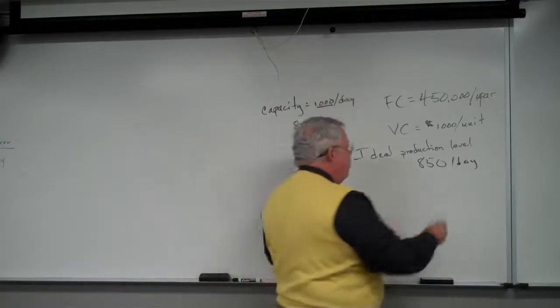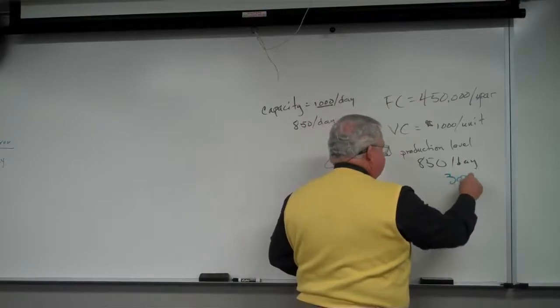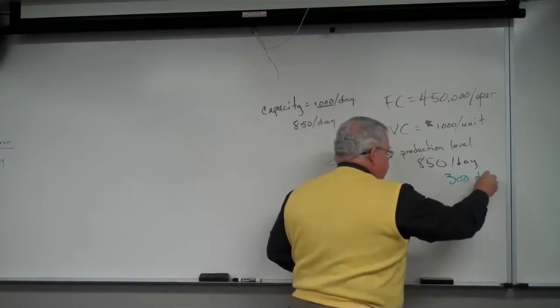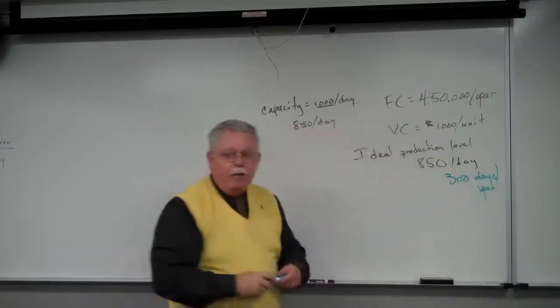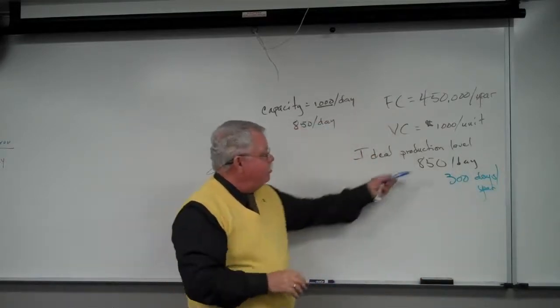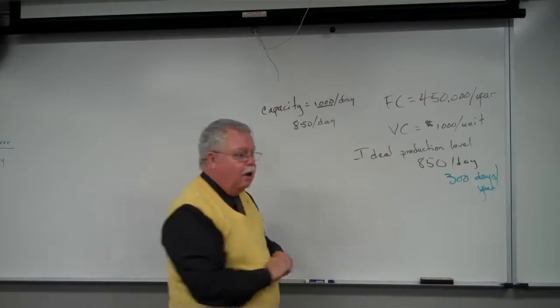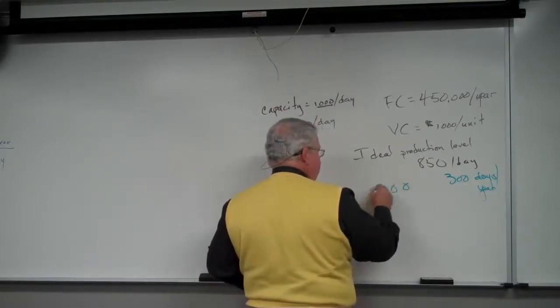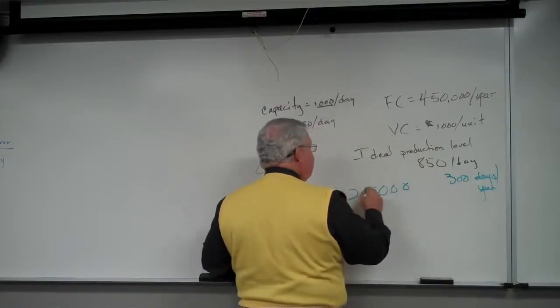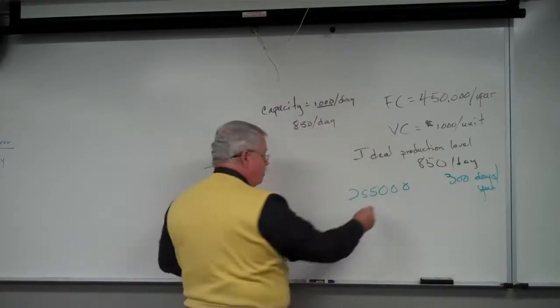Good. Let's say that we operate 300 days a year. That's exactly the right question. So how many am I going to sell this year, or produce this year? 255,000. Good.